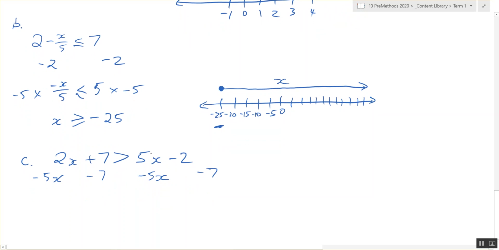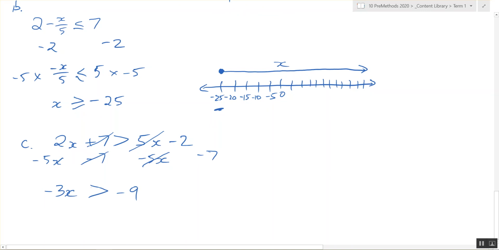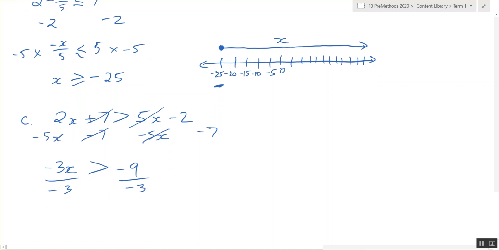So 2x, those cancel out, those cancel out. 2x minus 5x is negative 3x greater than negative 9. Opposite, divide. So we're dividing by negative 3. We're dividing by a negative number. So what's going to happen to this? So we're left with x is less than 3. X is less than 3.